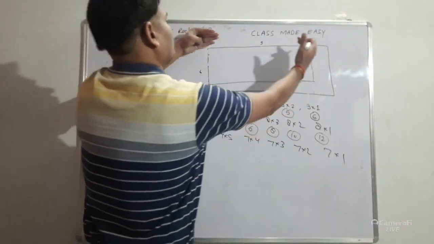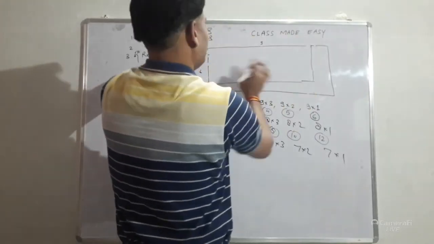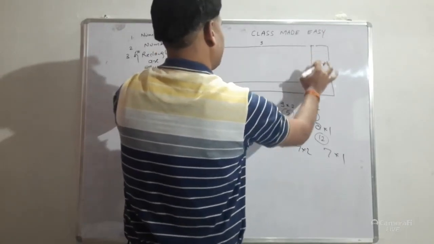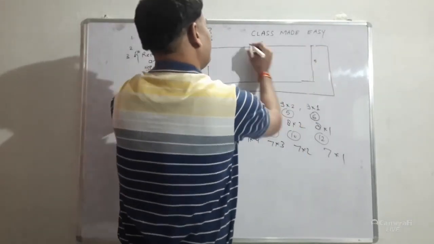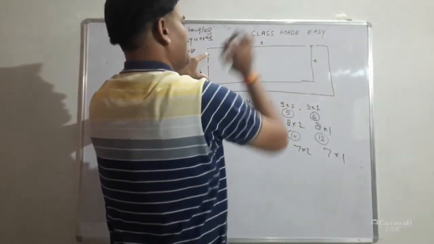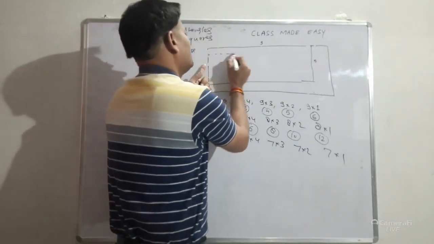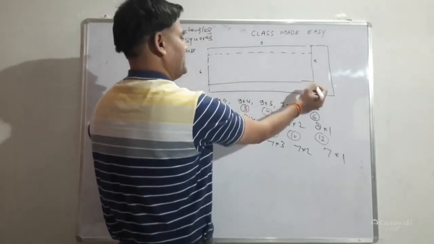Now if you take this part, not this one, it is again 7 by 5, and this one is also 7 by 5. See the 7 by 5, this is 5, it is 7, 2 units not taken. Now if I make this like this, 7 by 5, see this, 2.